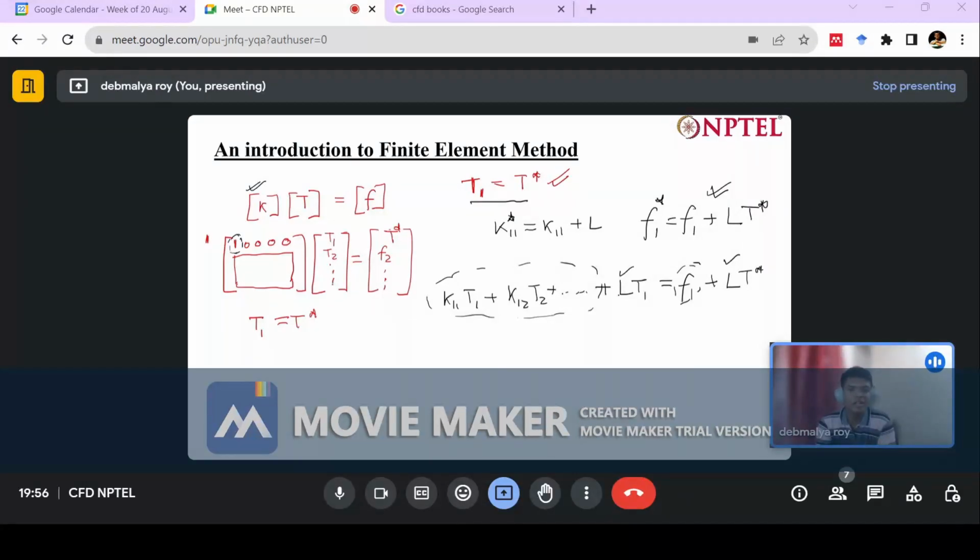If L is very large, let's say like 10,000 or so, and the other terms are in the order 1. So if the difference is of that scale, then I can approximately say that the equation that I am doing is nothing but L into T1 equal to L into T star, which is nothing but T1 is equal to T star. So this is another way that this boundary condition can be implemented. This is called the penalty approach.